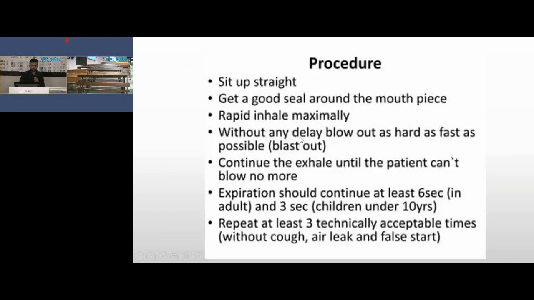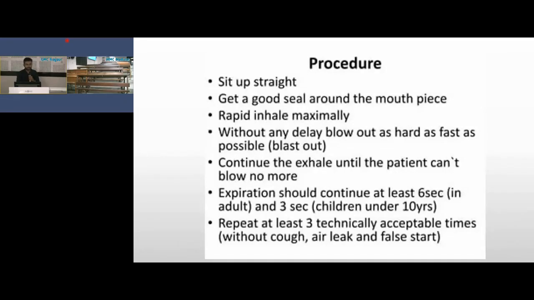Then inhale rapidly and maximally without any delay, and blow out as hard and as fast as possible, that is, blast out. Continue the exhalation until the patient can't blow out any more. This should continue for at least 6 seconds in adults and 3 seconds in children under 10 years. Repeat at least 3 technically acceptable times without cough, air leak, or false start.